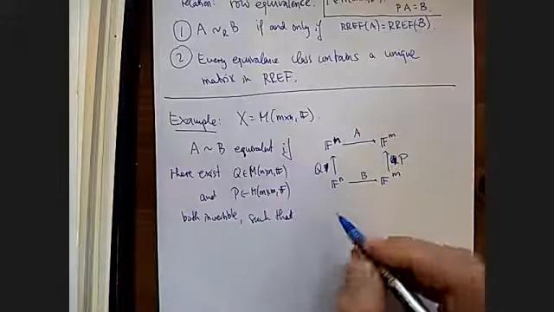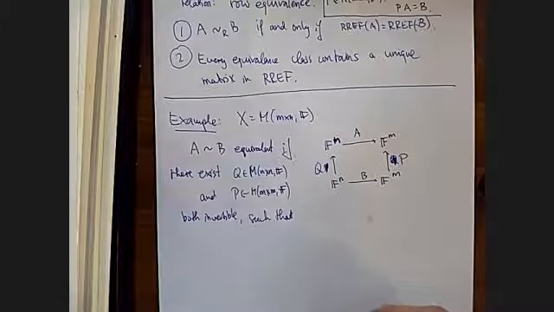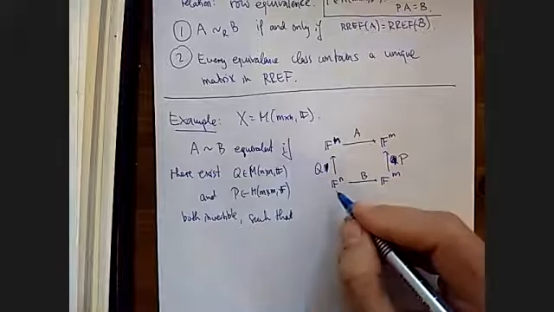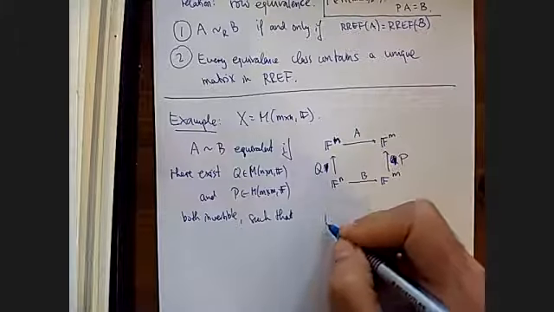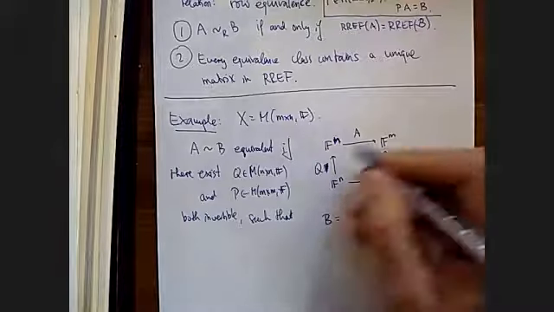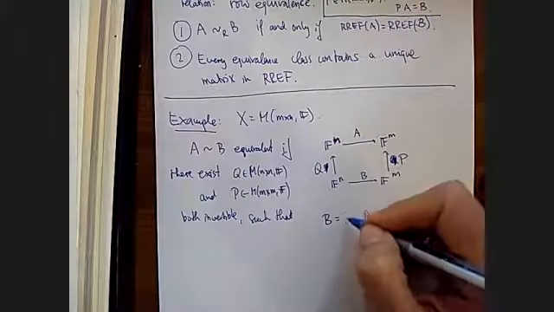And so this says that, for example, B is equal to, first we do Q, then we do A, and then we do P inverse.